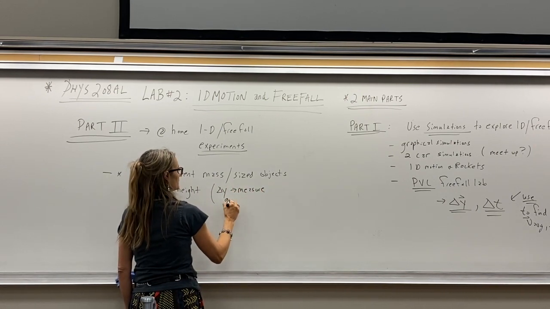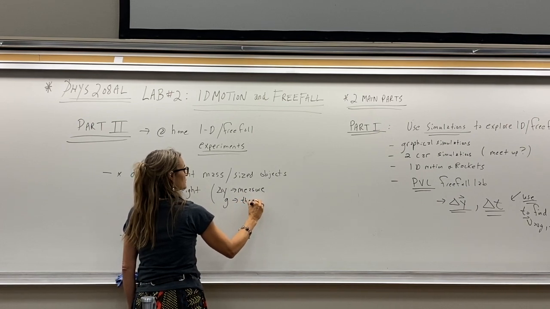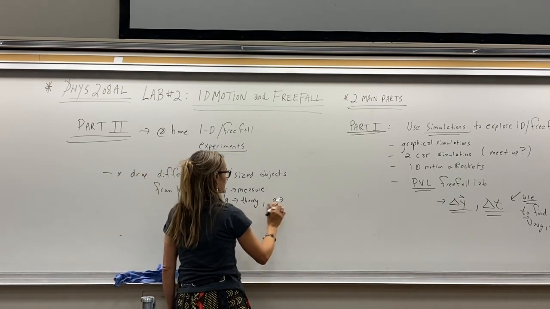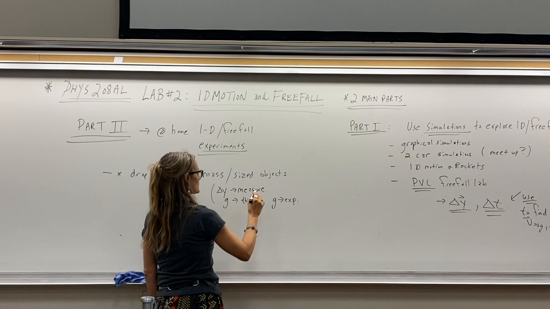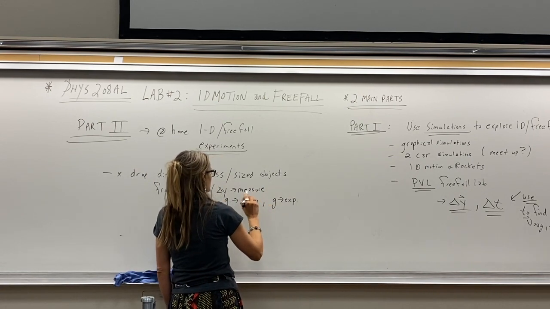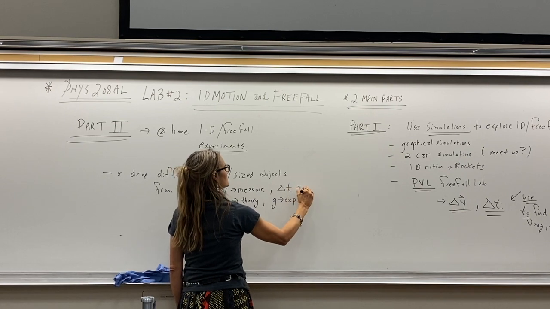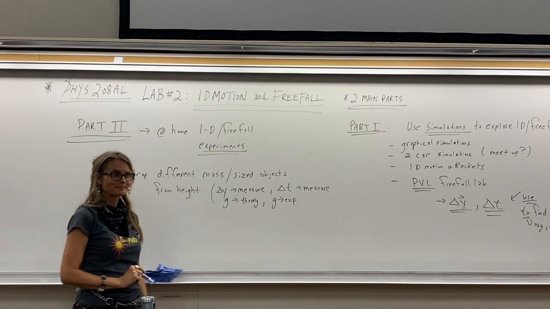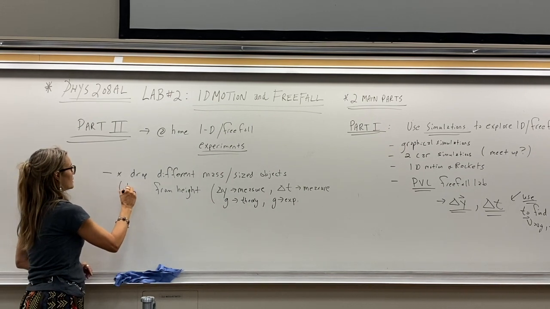And then g, when you use the theoretical. And then g, in one case you're going to find the experimental value. And then in some of these cases you're going to measure delta t as well, your drop time. Okay? So this is going to be 1D.